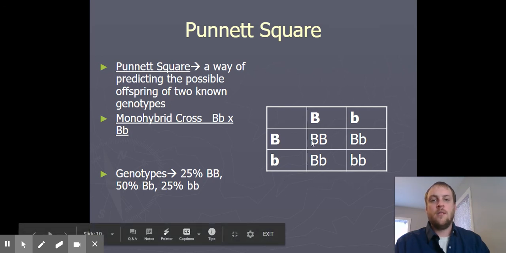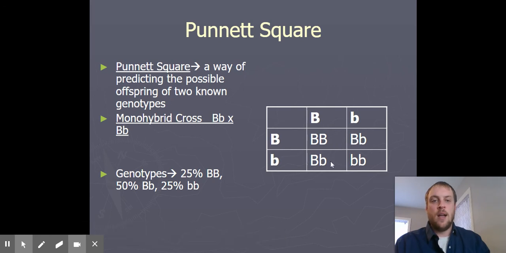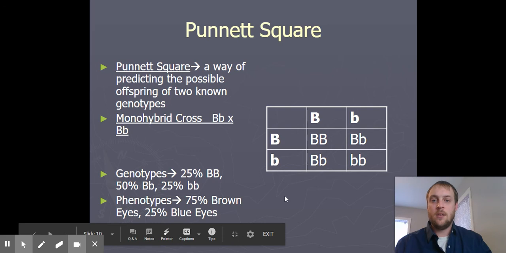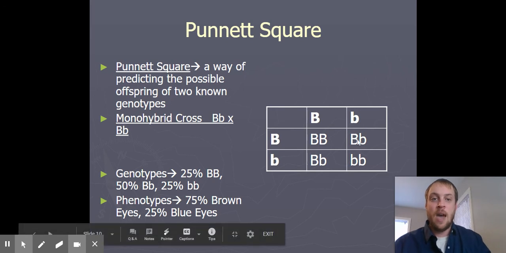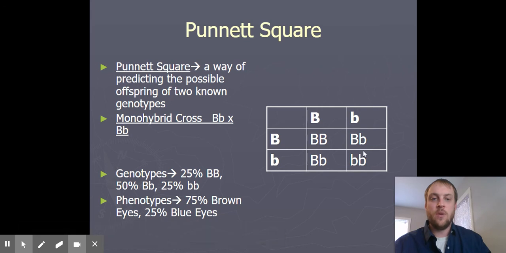In that case, all three of these offspring would have brown eyes, but there's a 25% chance that there would be an offspring with blue eyes. As for phenotype, 75% would have brown eyes because you have the capital B in 3 out of the 4 squares here, and only 25% would be possible for blue eyes.